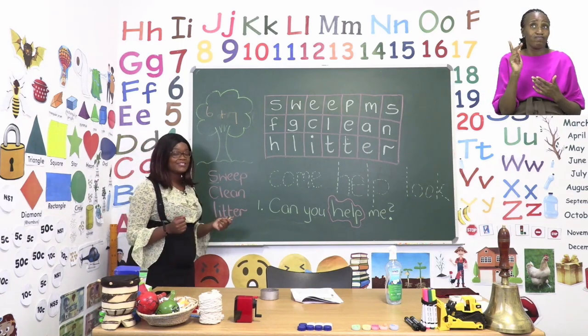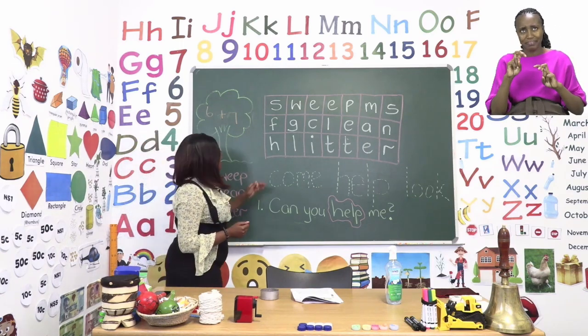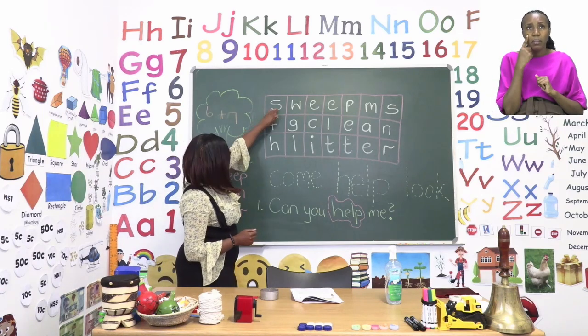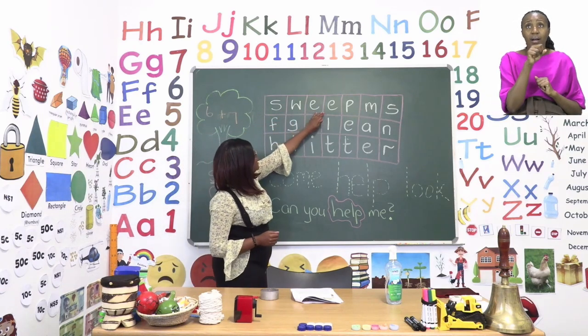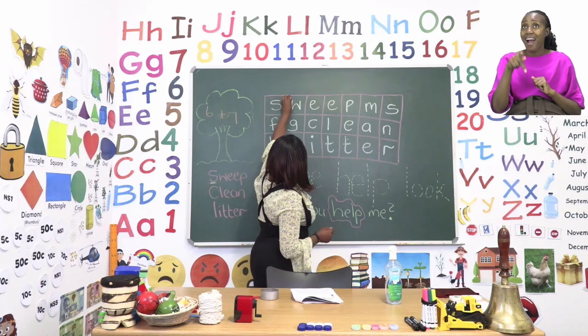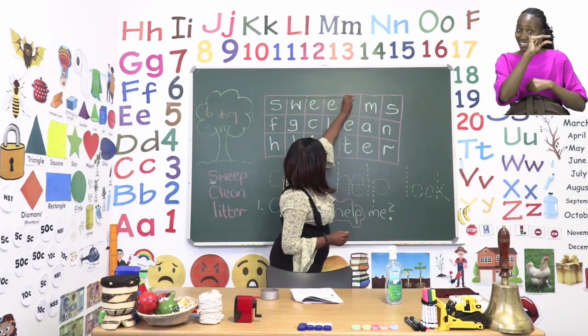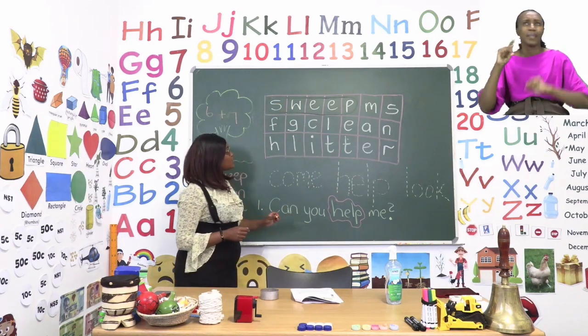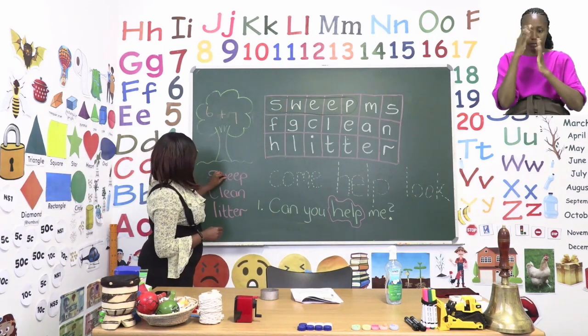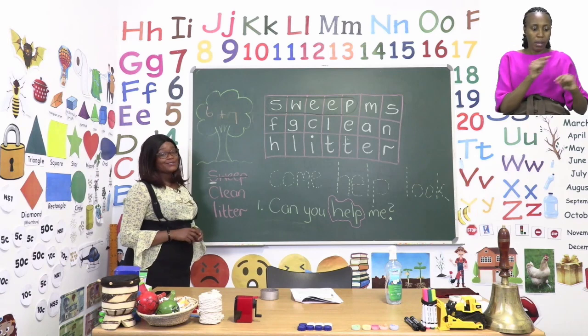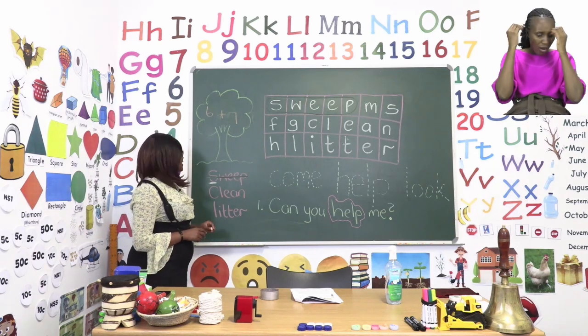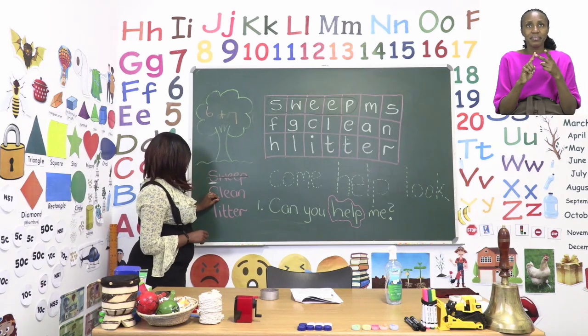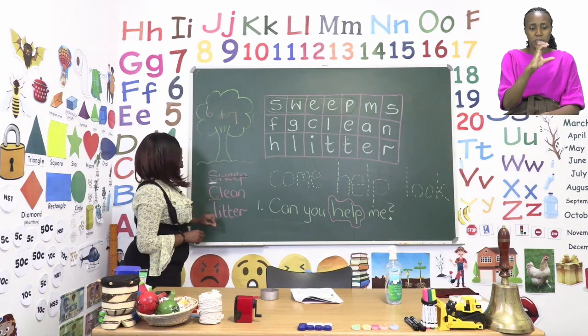And I don't see a W nearby. I can see an S here and a W. And then, yes, I have found my word. The word sweep. Good job. Don't forget to circle neatly and then cross out your word so that you don't have to look for it again. Now the next one is clean, and it starts with a C.